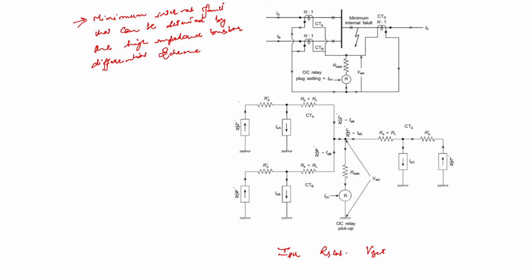Thus the minimum fault current on the CT secondary side that can develop the required voltage is given by V set. The equation for V set is IF minimum secondary into R stabilizing. So V set is equal to IF minimum secondary into R stabilizing.